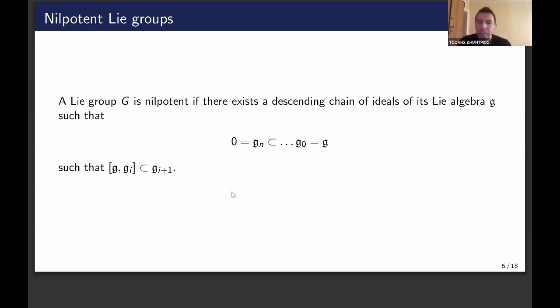You see here, we start with the Lie algebra, call it g_0, and then we have this inclusion of Lie algebras that eventually becomes the zero algebra. And this must be satisfied: the Lie bracket of g and g_i must be inside g_{i+1}.